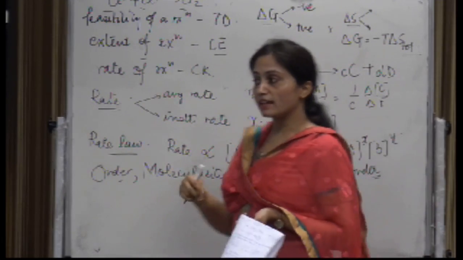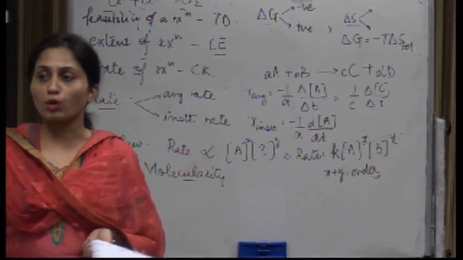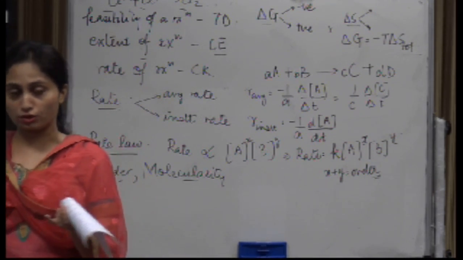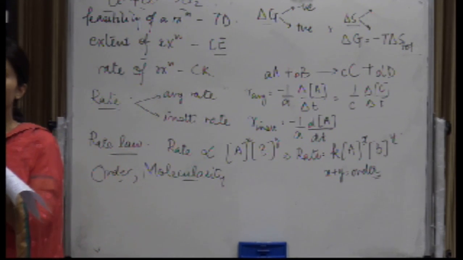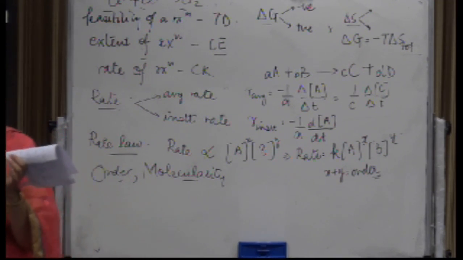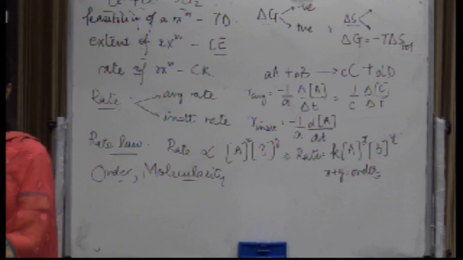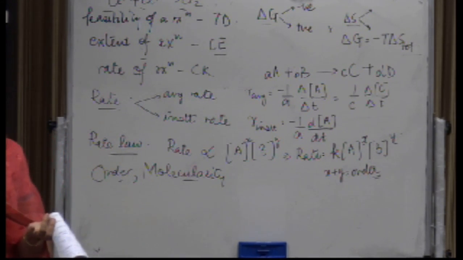Alright, so molecularity can be 1, 2, 3, but generally not more than 3, because the collisions which lead to effective product formation decide that the molecularity will be as many as the molecules that react. And normally we've done this before, that when you consider any gaseous substance, you know that there will be effective collisions between molecules.